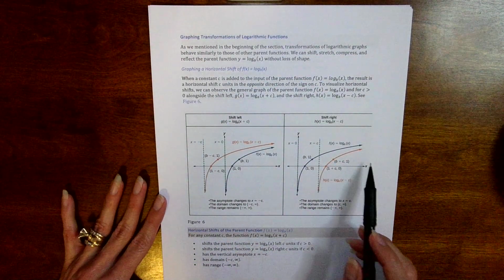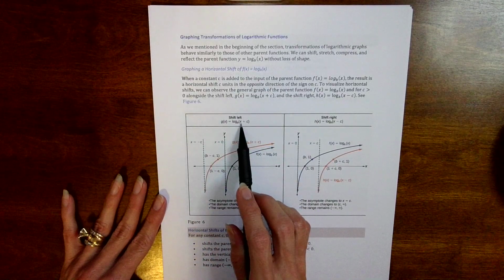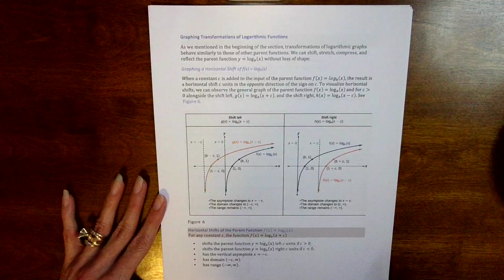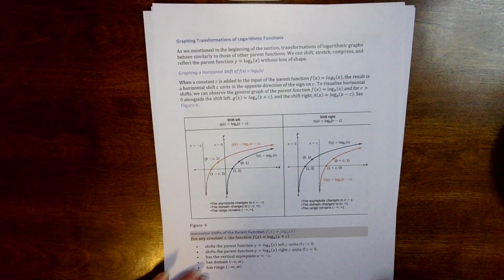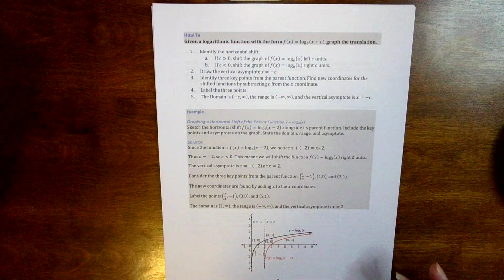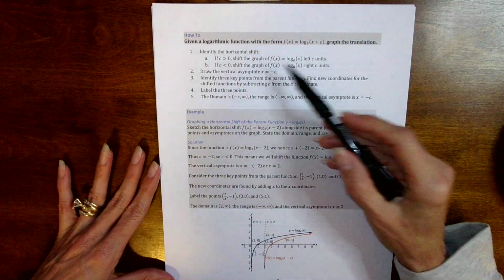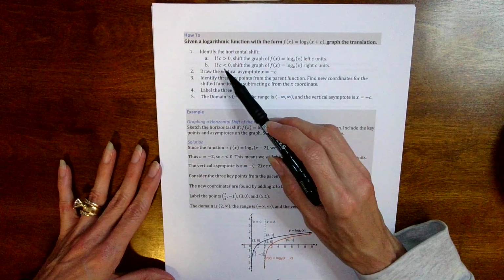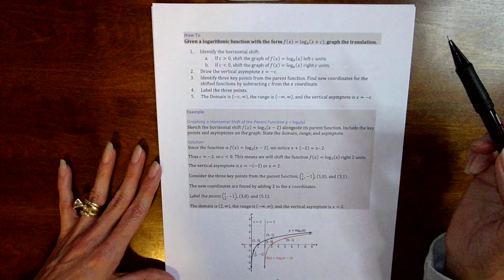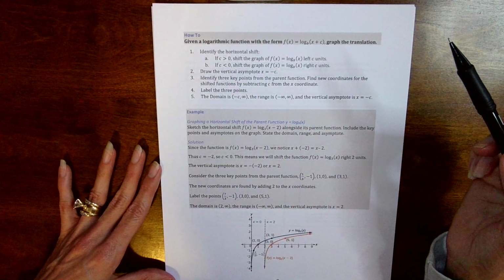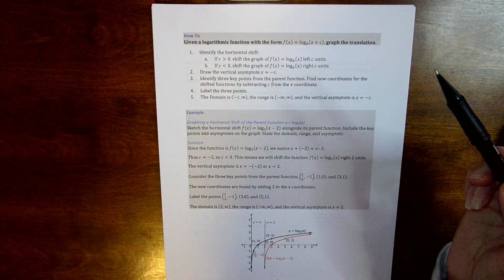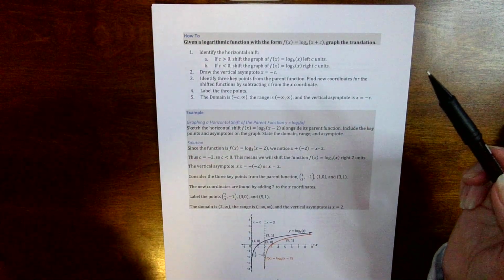So these are shifts left and right, so you'd have a plus c that would move it to the left, and a minus c would move it to the right. And this tells you domain and range like we're used to. If we have a horizontal shift, we're going to identify the horizontal shift here.